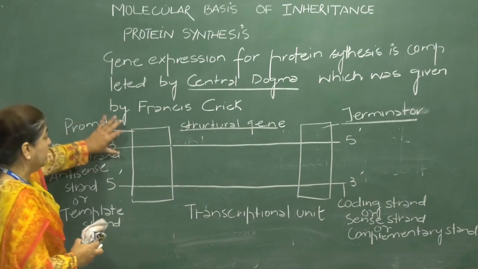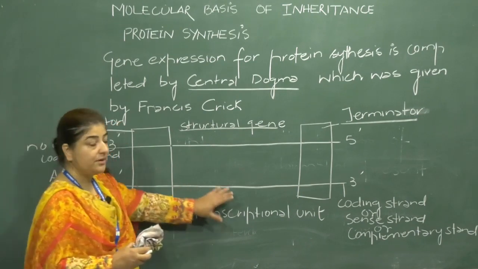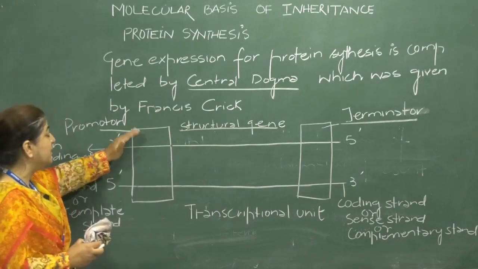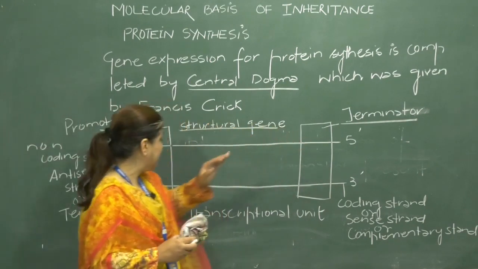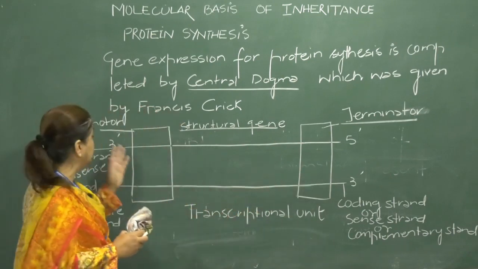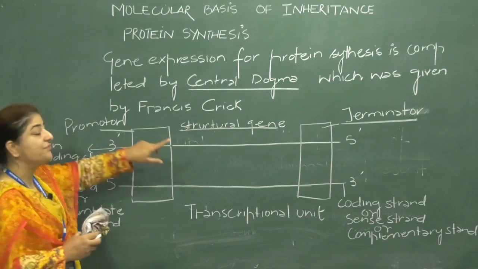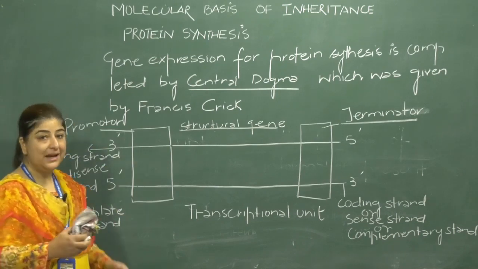So there are 2 strands involved in the transcriptional unit. The first strand has the polarity 3'-5' and the second has 5'-3', and the strand having the polarity 3'-5' is used as the template strand.